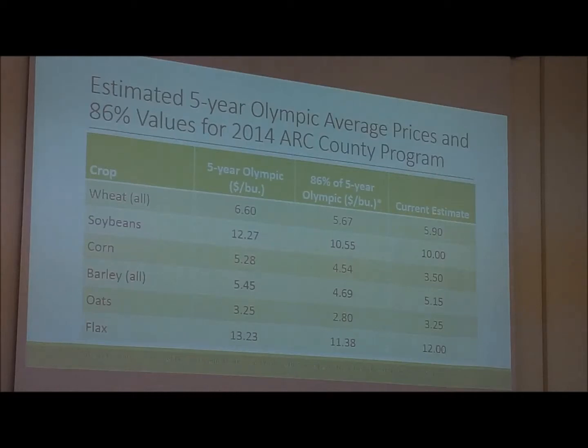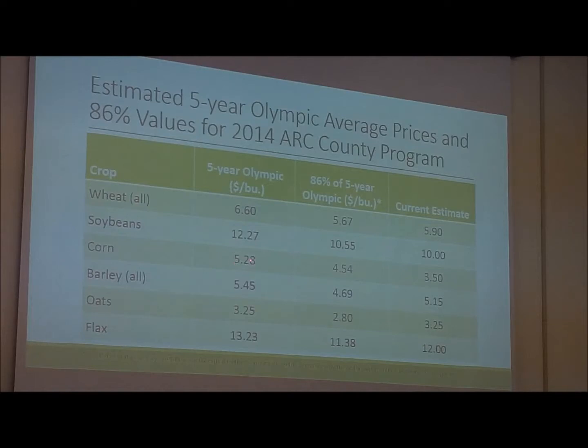If the 2014 county average yield is exactly equal to the 5-year benchmark yield, then we can make an inference of what price will trigger a payment. The first column is the 5-year Olympic average price for these crops that's going into the calculation for this year. They're known: $6.60 for wheat, $12.27 for soybeans, $5.28 for corn.